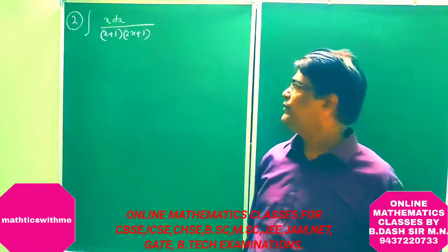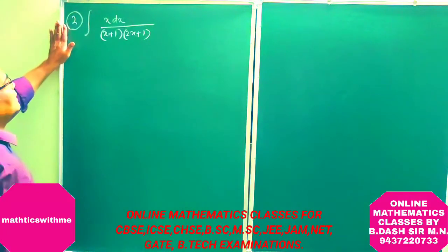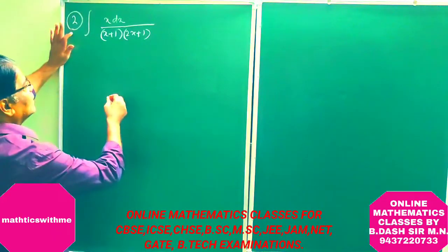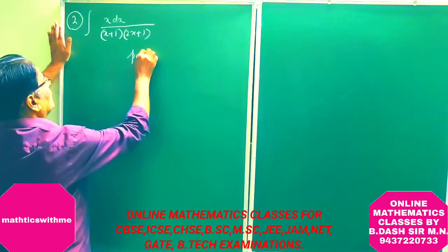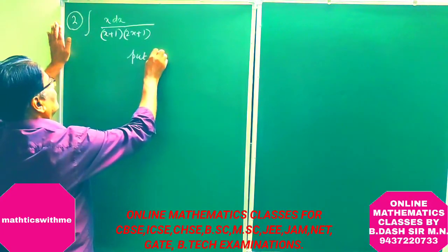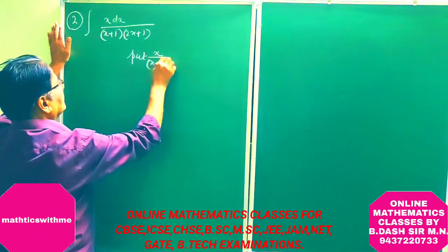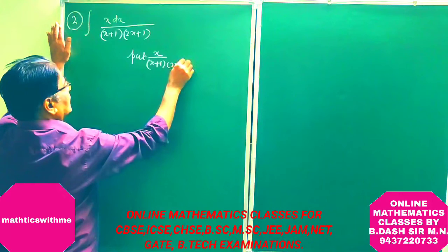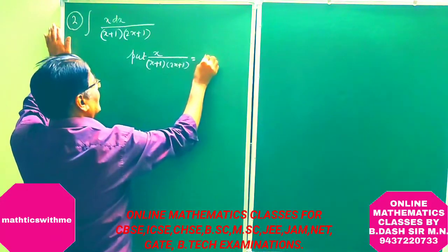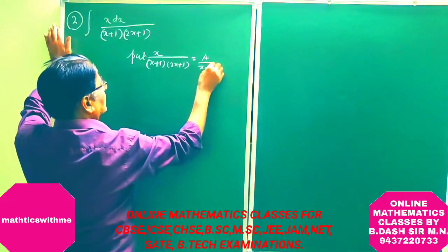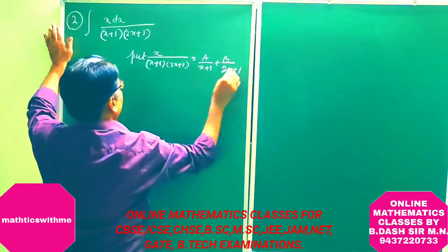Our next question is: evaluate the integral of x dx by x plus 1 into 2x plus 1. In order to integrate this integral, put x by x plus 1 into 2x plus 1 equal to A by x plus 1 plus B by 2x plus 1.